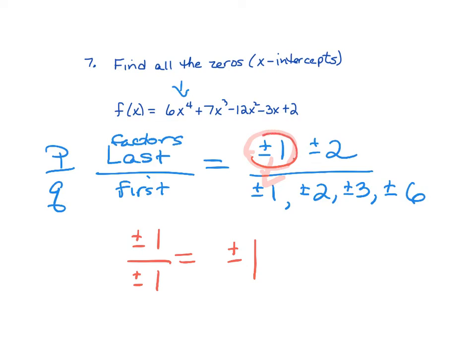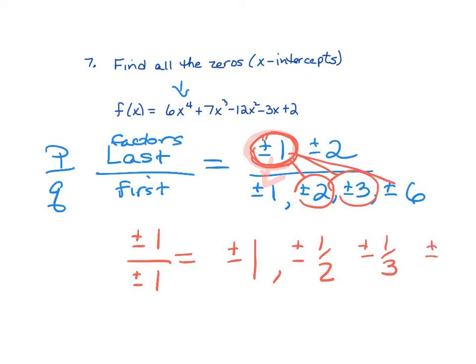Then I take the 1 and put it on top of the 2, which gives me plus minus 1/2. Then I take the 1 and put it on top of the 3, which gives me plus minus 1/3. Then I take the 1 and put it on top of the 6: plus minus 1/6.